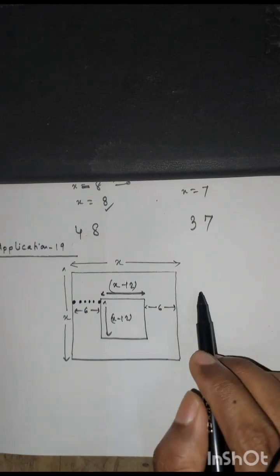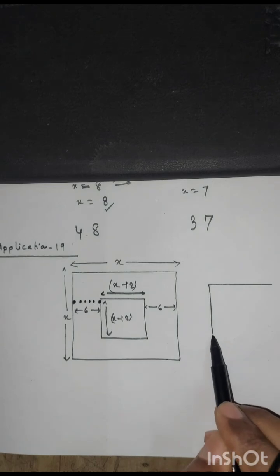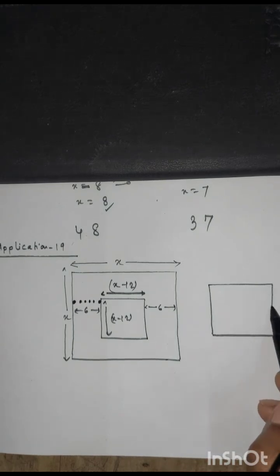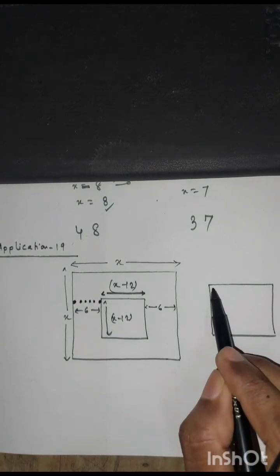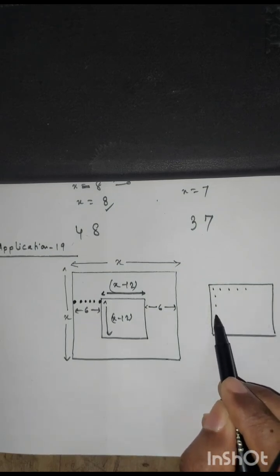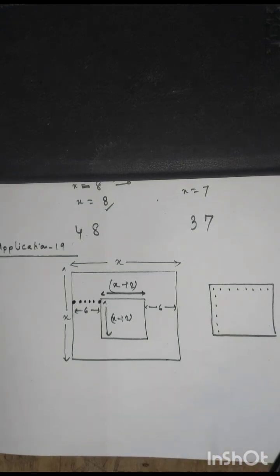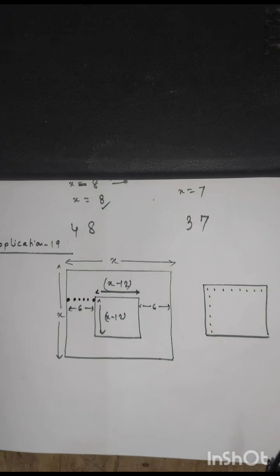That means when the students stand in a solid square, okay, so this is a solid square. There is no vacuum. Students are standing like this. There is no vacant position, vacant space.